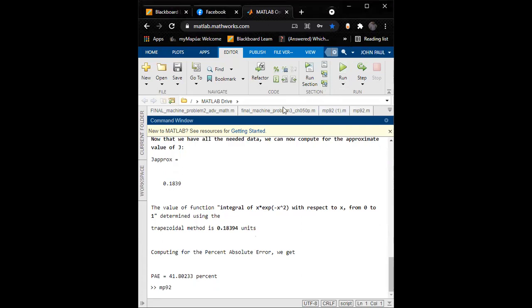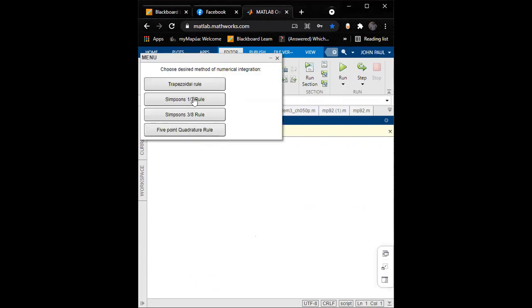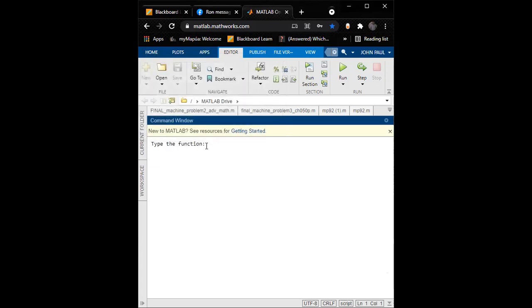Next is Simpson's one-third rule. For this rule, we type the function x e to the negative x squared, then enter the lower limit 0 and the upper limit 1.